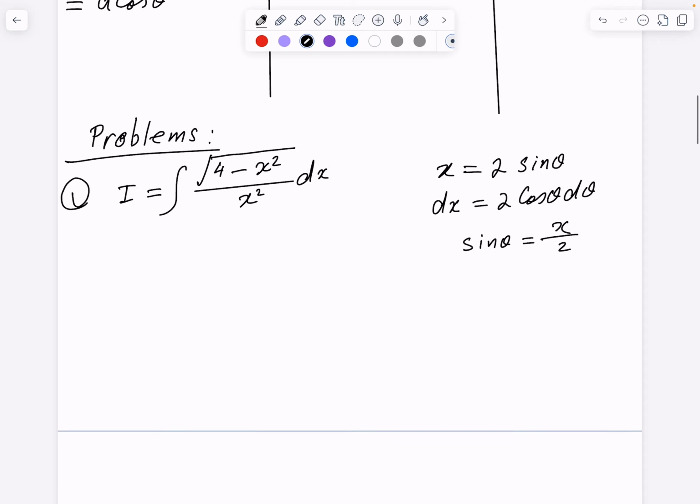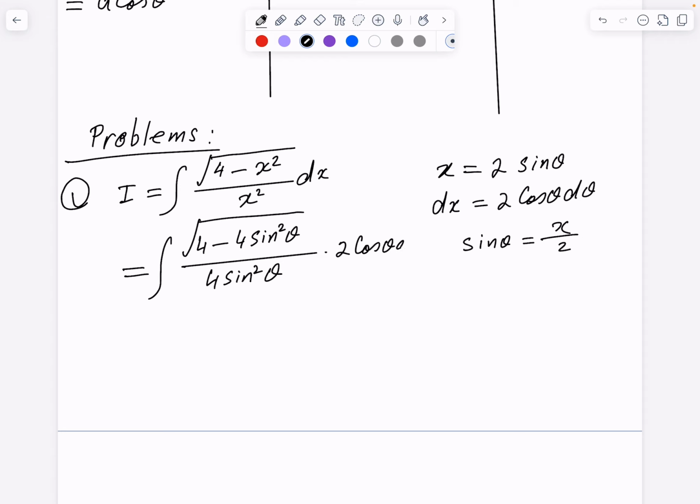And now we're going to substitute the value of x, which is the square root of 4 minus 4 sine squared theta, divided by x squared, which is just going to be 4 sine squared theta. And dx is 2 cosine theta d theta.